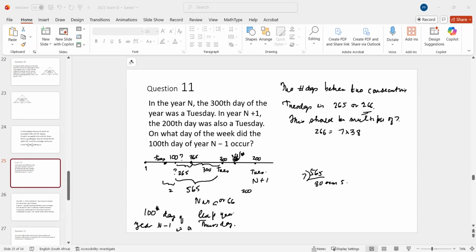So the middle year, the Nth year, is a leap year. And the other 2 years have 365 days. That is why I can say from here to the end of the year is 365, no doubt about that, and there are 265 days up to the end of that year. So I can make that calculation. Okay, so the answer is a Thursday.